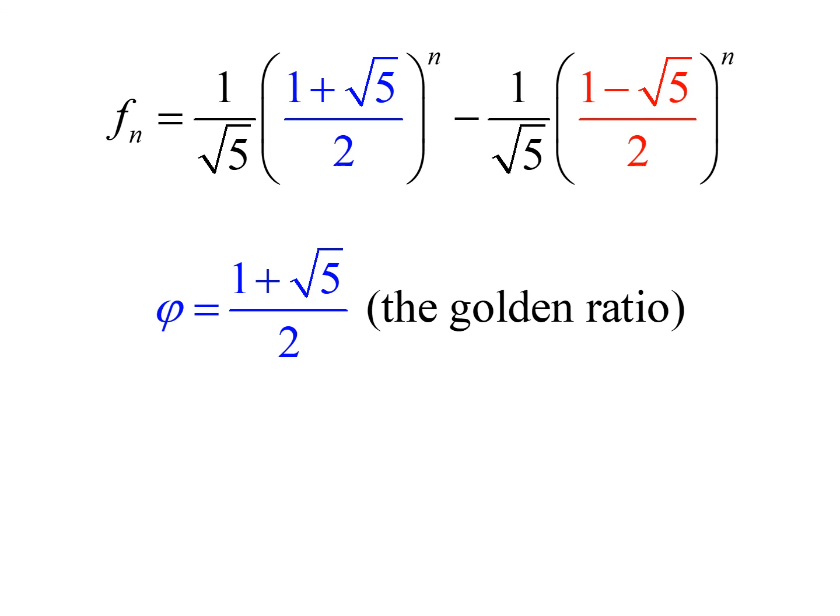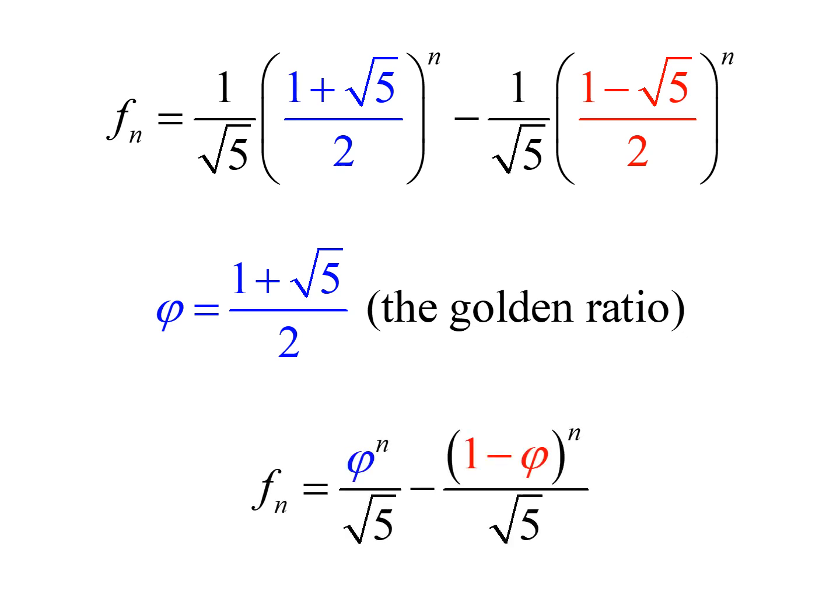And we can rewrite this really cool explicit formula using the golden ratio, and here it goes. It is phi to the n over root 5. And then actually, this right here, 1 minus root 5 over 2, that's really 1 minus phi. You can verify that on your own by writing this 1 as a 2 over 2, and you can see that that's the case. And so this formula looks a lot nicer, a little more cleaned up.